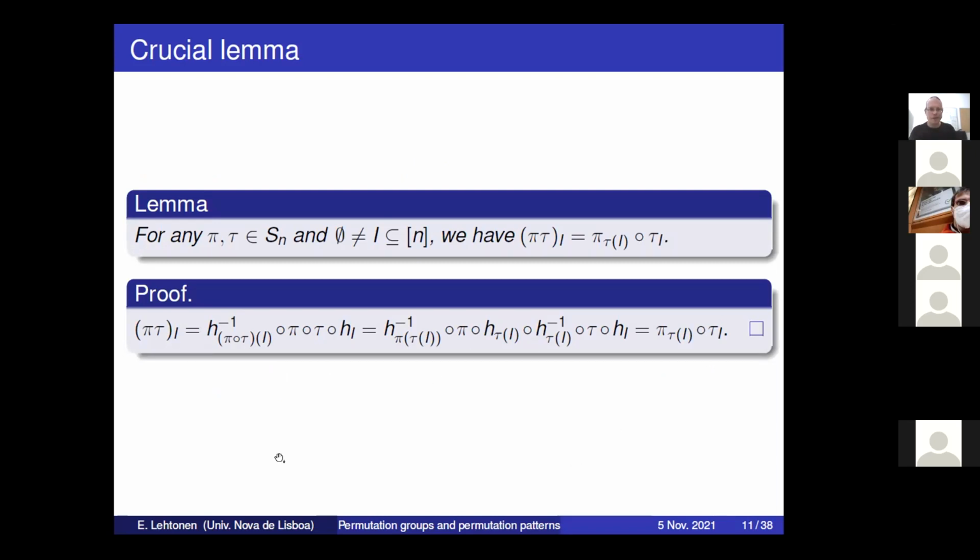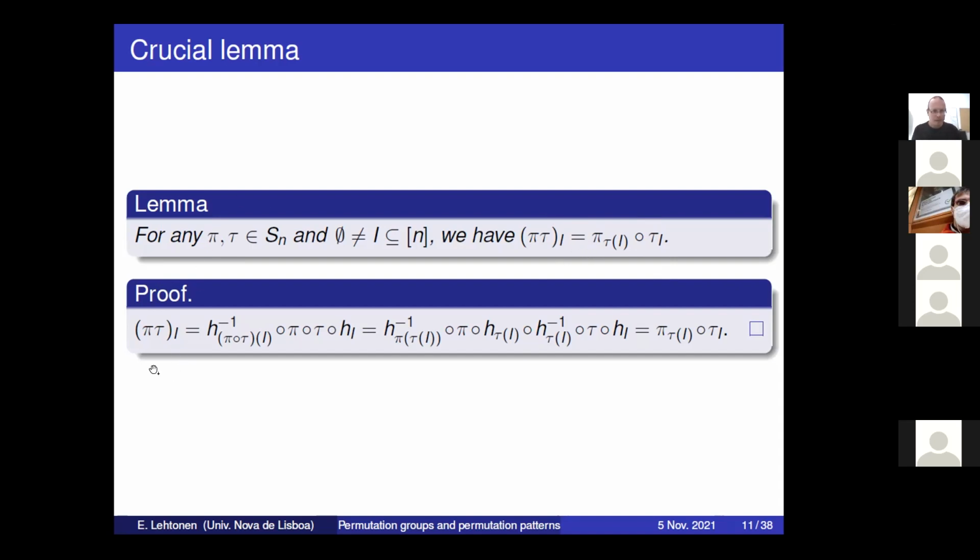If we take any two n permutations, pi and tau, any pattern of the composite of pi and tau is the composite of two patterns of the respective permutations.